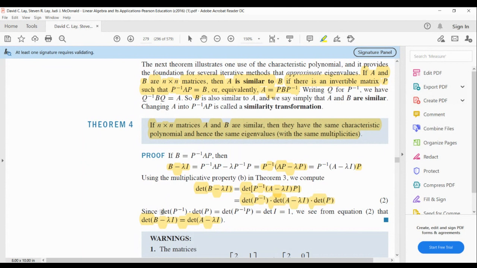But remember, the determinant of P inverse is equal to 1 over the determinant of P. How many maybe recall that? Yes, Solomon remembers that. Christy, okay, absolutely. I'm sure it came up in the homework.